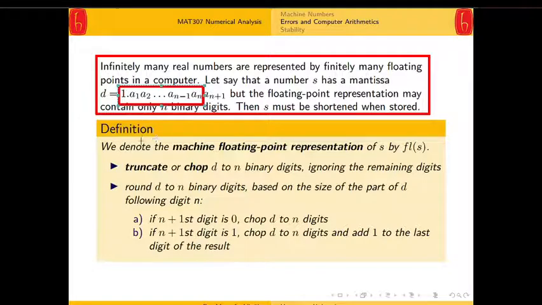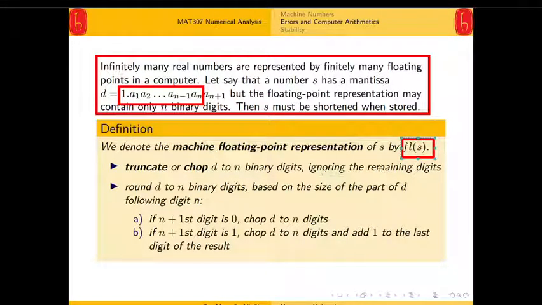The definition gives us the ways to shorten this number. We denote the machine floating point representation of s by fl(s), standing for floating point. We either truncate or chop d to n binary digits.